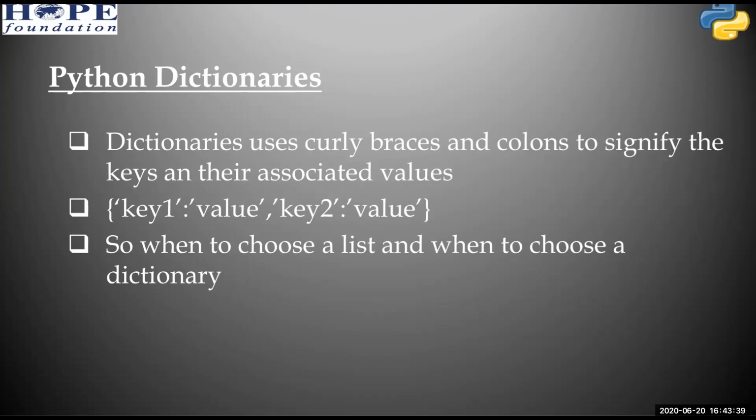The value can be a float, an integer, or a string, but the key should be a string. Then the key and value is one key value pair. If I want to add one more key value pair, I have to give a comma, and then I can add another key value pair.